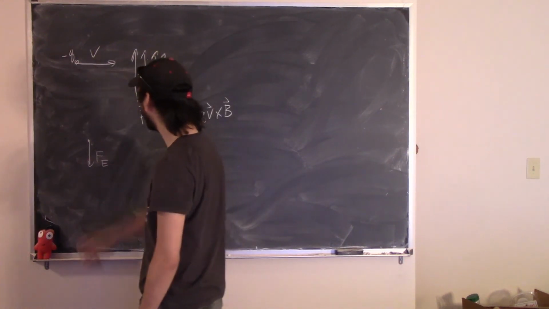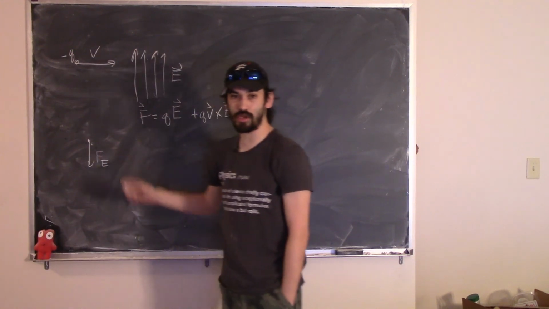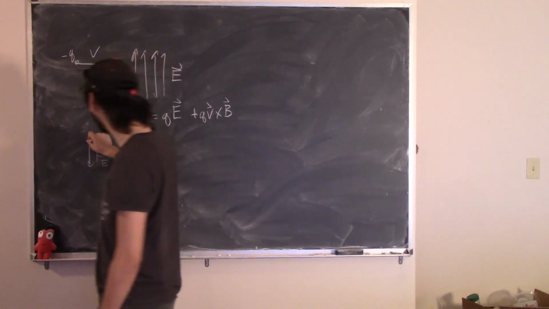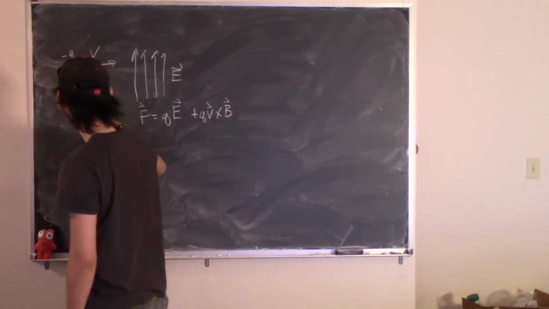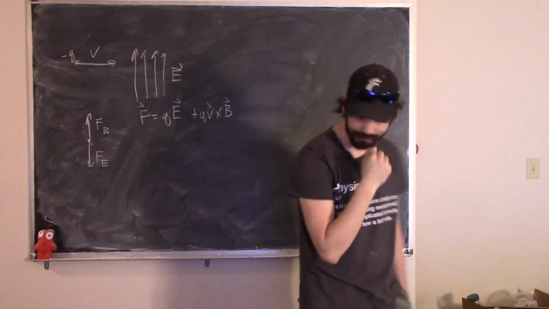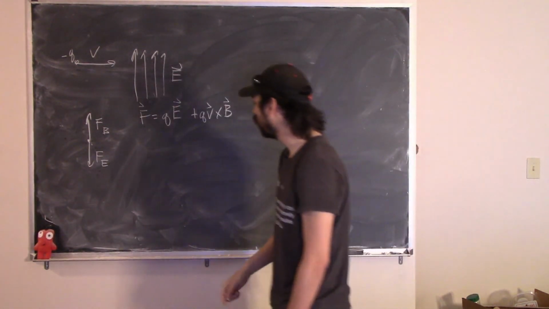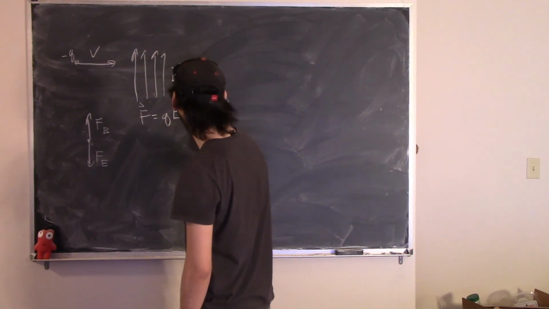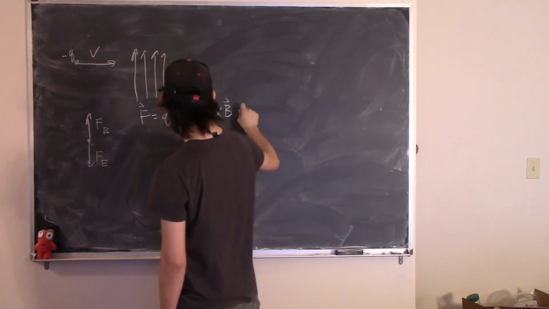Because the electric field points up, but we have a negative charge. And that means in order for this to be balanced so that there's no net force here, the magnetic force Fb has to be pointing up. Okay? So what that says immediately is that this equation is equal to 0.